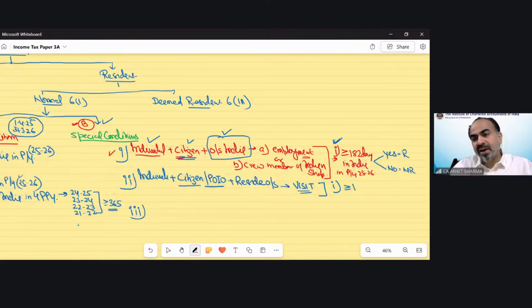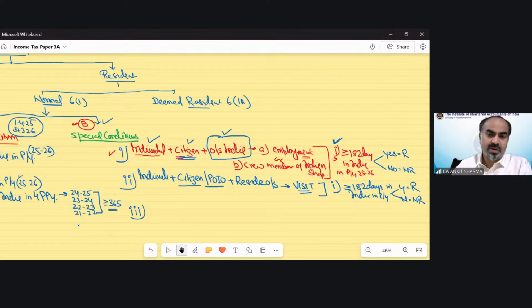So if they were in India during that visit for 182 days in the previous year, the answer is yes, they will be resident. If the answer is no, they will be non-resident. So when your relative comes to meet you in India, if they stay in India for 182 days or more, then only they will become resident. And if they go back within those 182 days, then the 60 days condition we will not check for those persons.